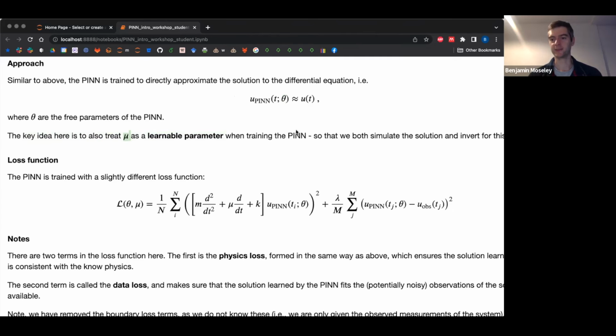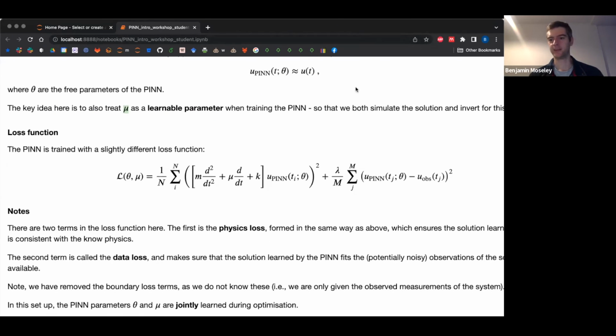So you can think then that when the PINN's training, it's simultaneously learning to fit the solution and also learning what this underlying parameter is. So potentially a harder optimization problem, but still quite powerful in that it might be able to learn extra parameters.